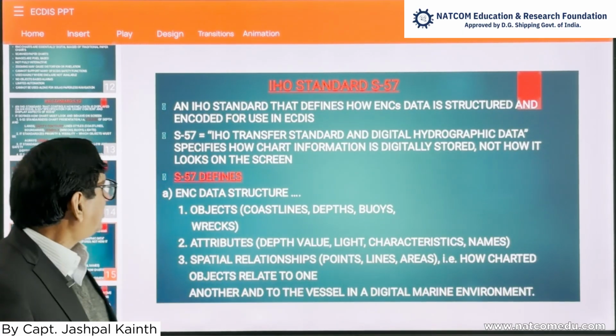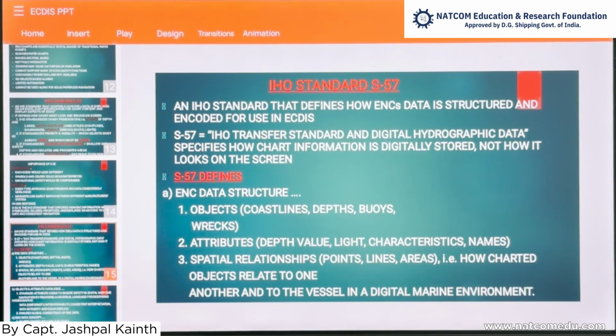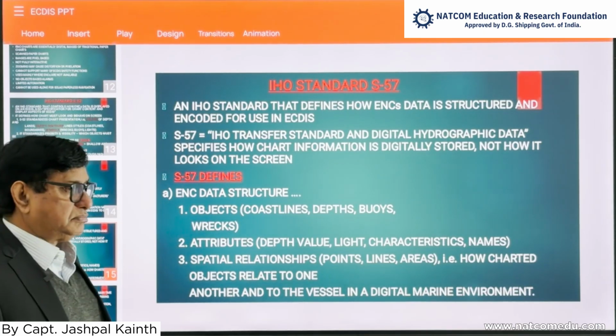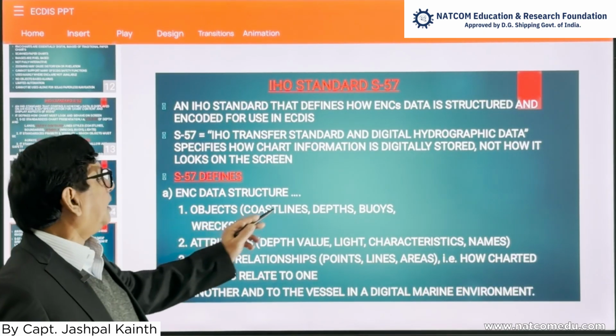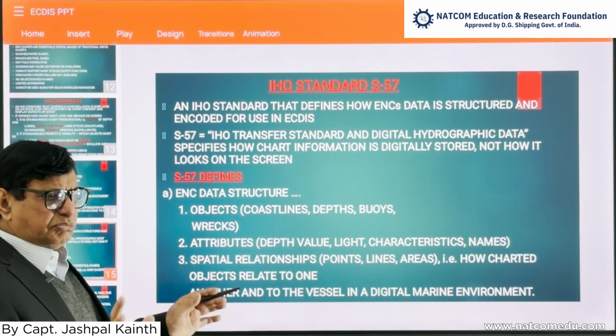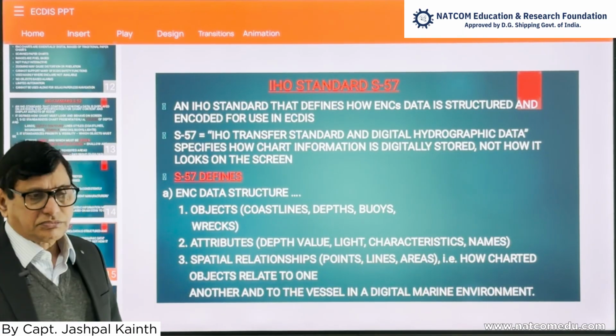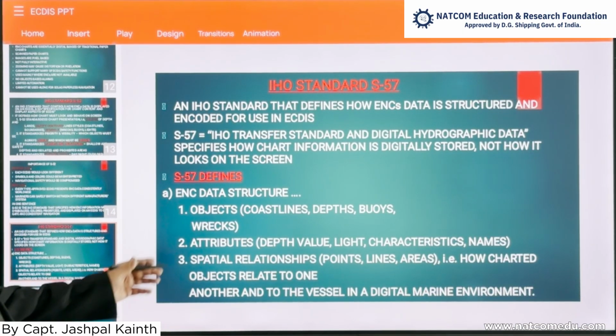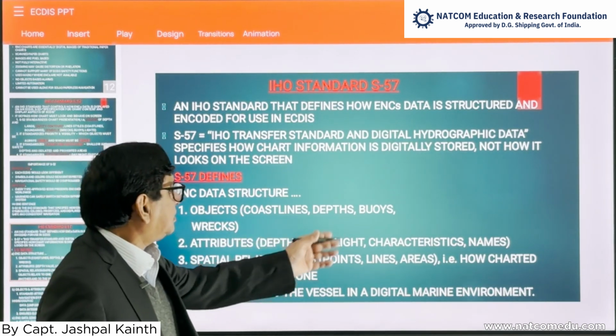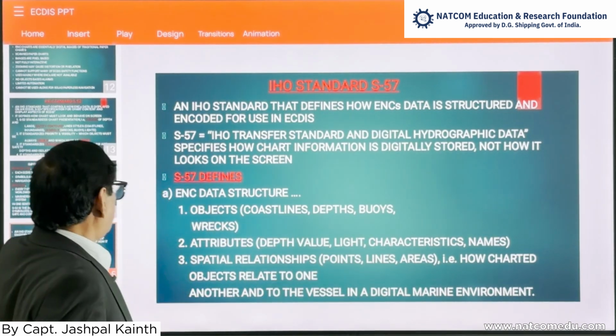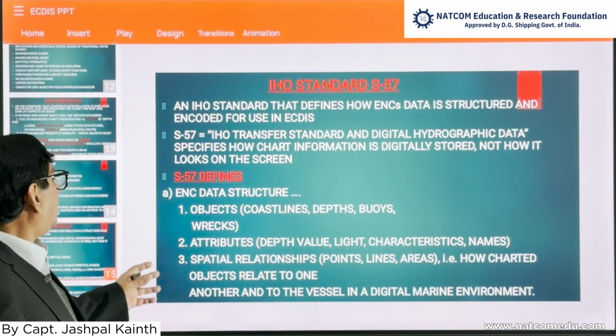Very important also. What S57 defines is ENC data structure: objects, coastline, depths, buoys must look all the same, consistent. Attribute depth value, light characteristics, names, and spatial relationship.